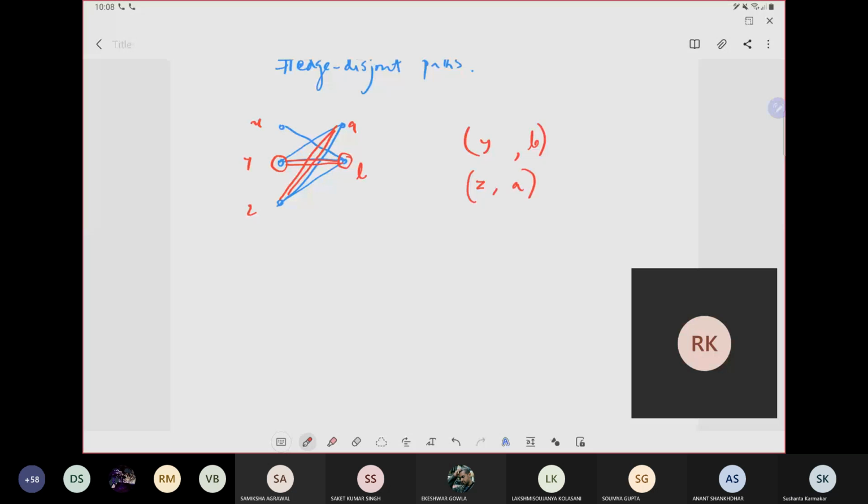So this is possible. But let's say I remove this, I draw it in such a way. Let's say I have a connection like this.